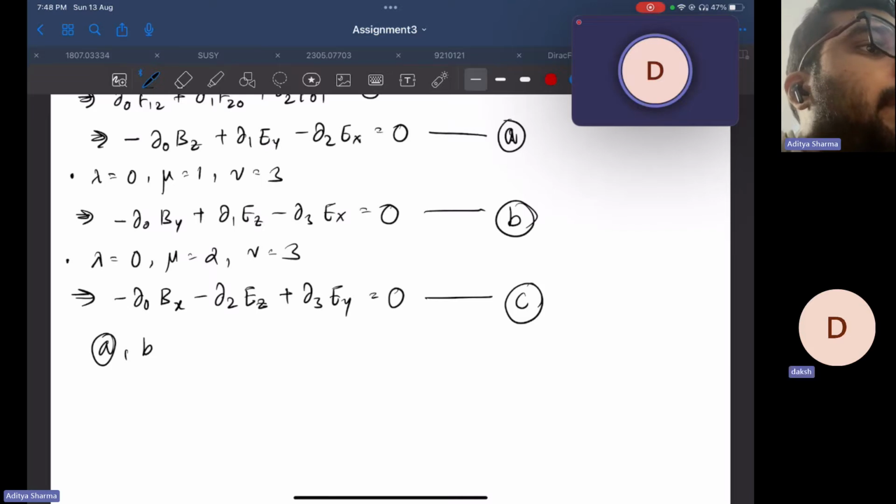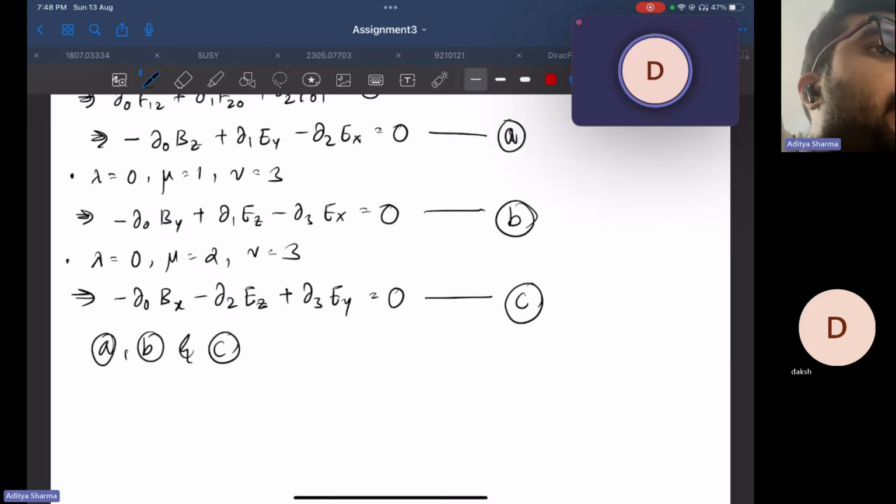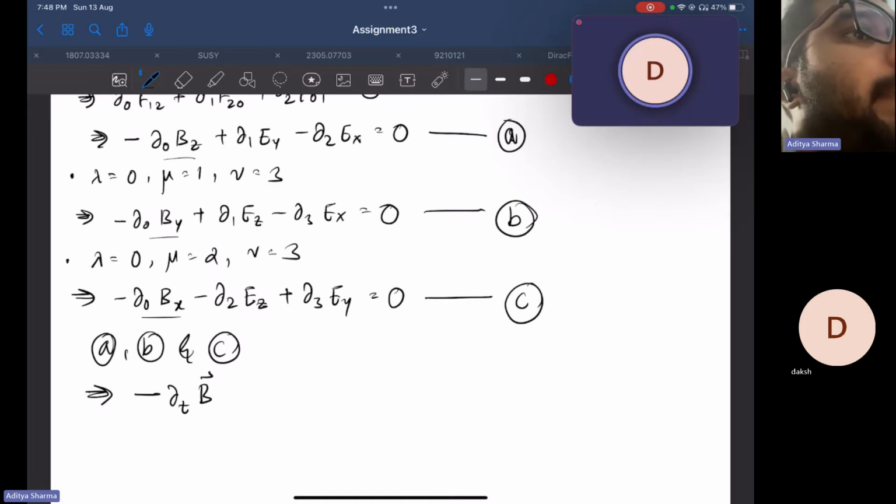A, B, and C. Look at these three equations. You have d0 Bx, d0 By, d0 Bz with a minus sign. That is derivative of B vector. And d1 Ey minus d2 Ex. So that is minus del cross E vector.